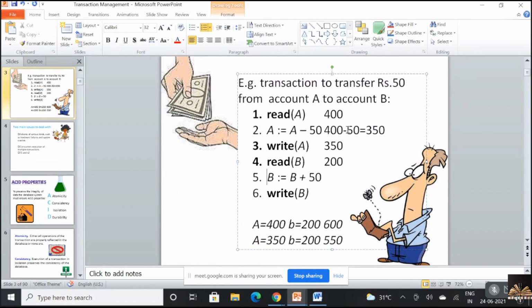Or if there was a power failure after writing the value of A, then what I have to do is forego the transaction. I have to abort the transaction. Or else, if I continue with the transaction, the transaction may make the database stay in an inconsistent manner. So this is about your atomicity.